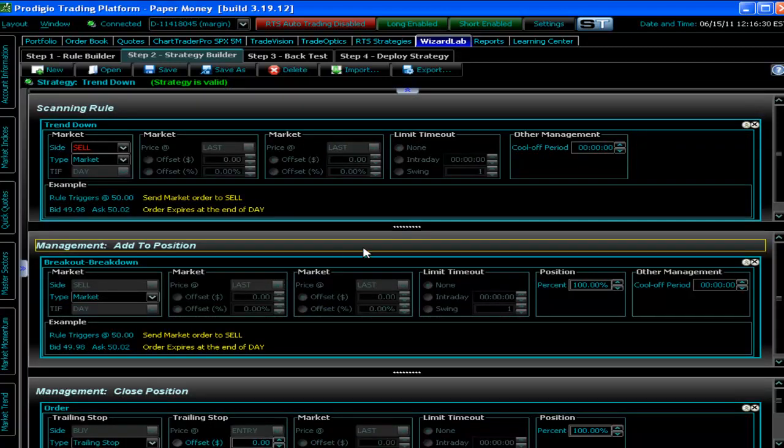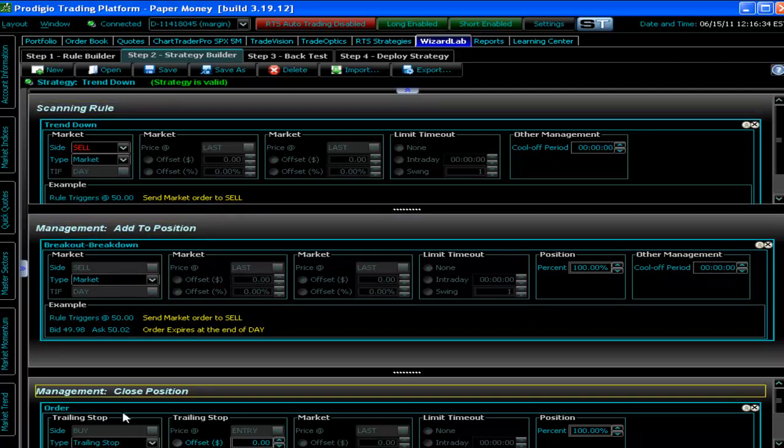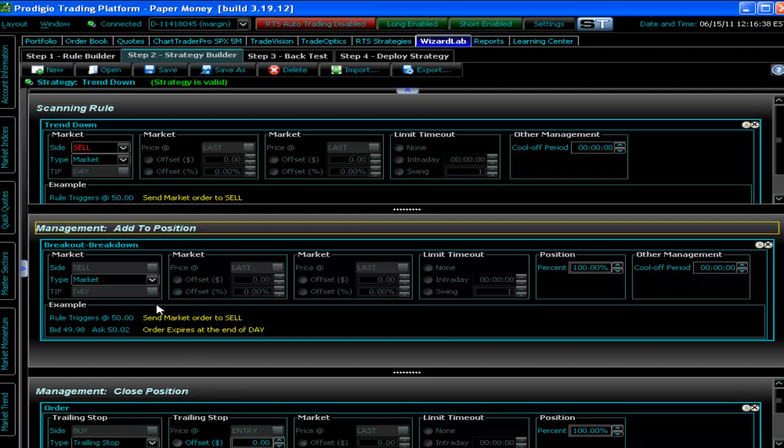And what I've got now is a strategy that has three parts to it. It has the scanning rule, it has the trailing stop management rule, but it's also got one more rule, which is add to position. Now I created this rule using the rule builder. It's called breakout breakdown, and I'll show you what is inside of that because that's actually pretty interesting. But what's happening here is I've got a position percentage specified here, and that's set to be 100%.